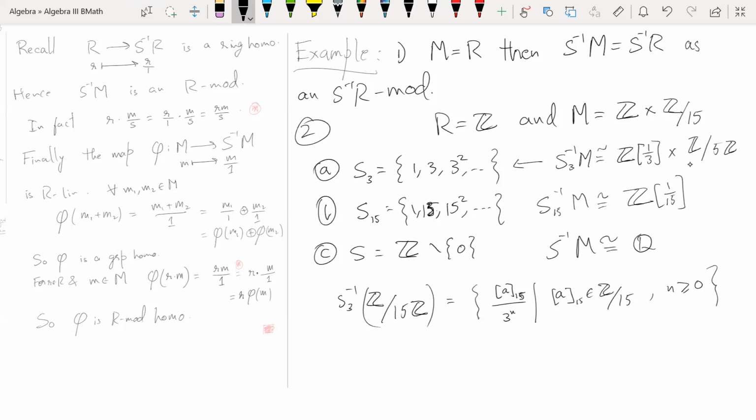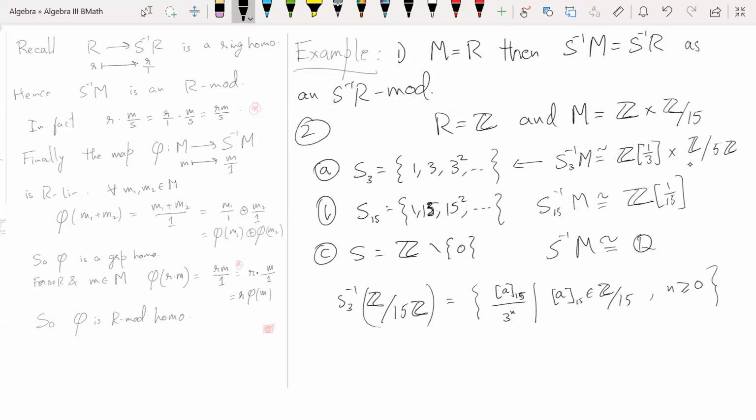So what is the equality relation? Over here, if n is greater than or equal to 2, that's the same as n equals 1, because in Z mod 15, multiplying by 3 is the same as multiplying by 3 power n to some extent.